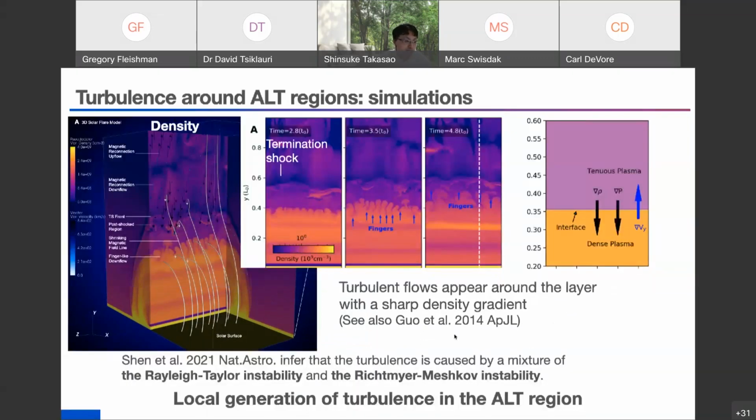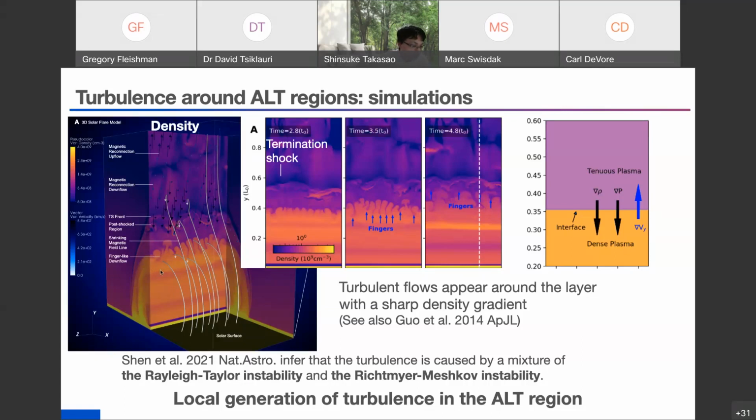And recently, a very nice paper has been published. This is the 3D image estimation by Shen et al. This is a cutout of the density of the 3D simulation of a solar flare.